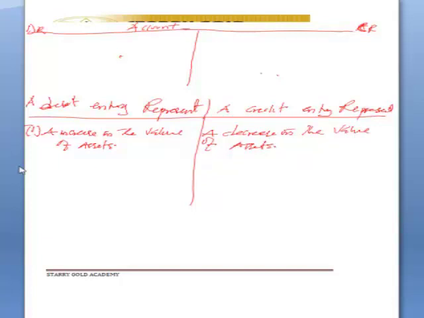Let's look at liability, because these are the elements of account. Two, in the case of liability, a debit entry indicates a decrease. In the case of liability, a debit entry is a signal for a decrease in the value or amount of liability.